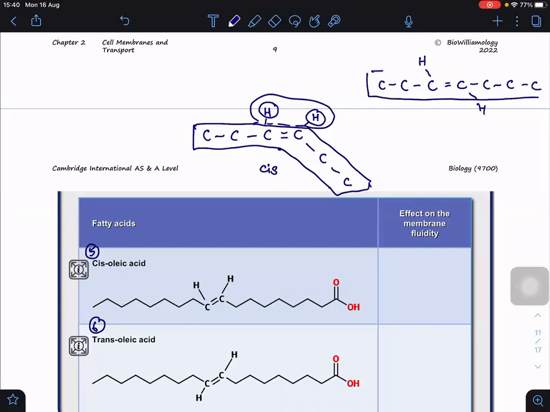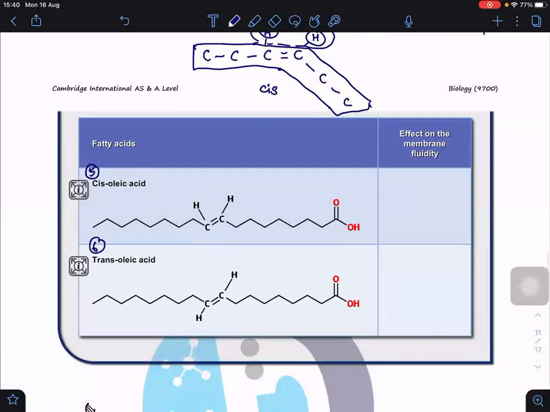Can you see that? Are you clear? So in terms of overall shape, cis will introduce the kinks, but trans is relatively linear in terms of shape. Are you clear? They don't bend. So if kinked, definitely increase the fluidity, but if linear, definitely going to decrease.